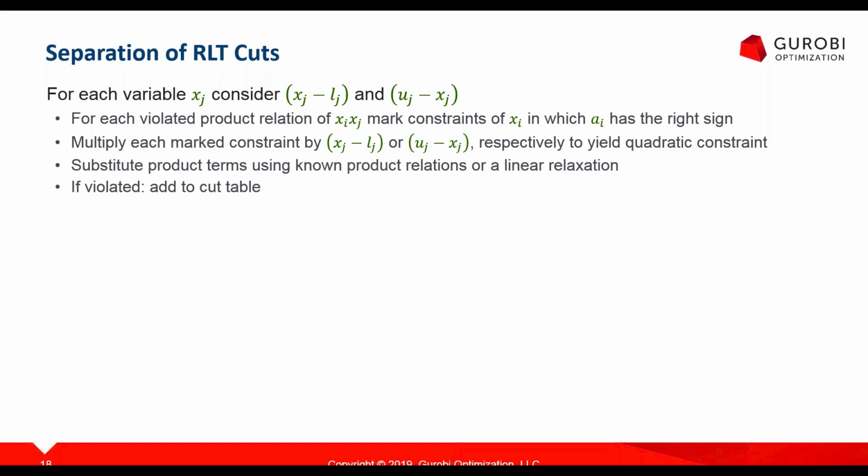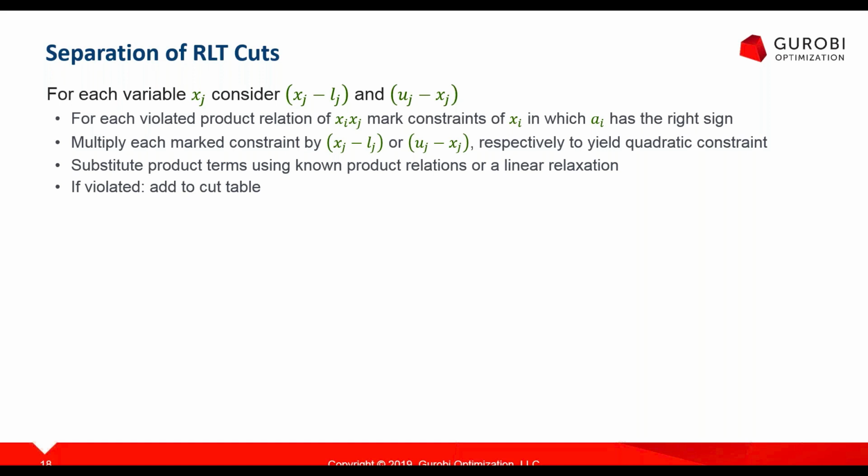So what we are now looking at are the product relations between Yij and Xi Xj that are violated by our current LP solution. And now we are looking at these 2 variables, Xi and Xj, and just pick one of the 2, say Xj.